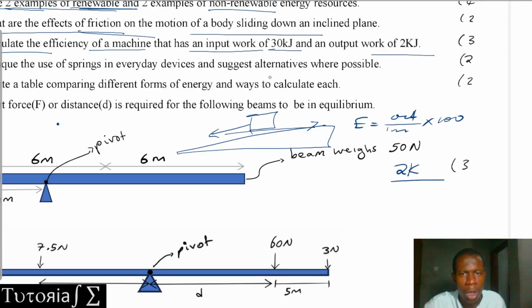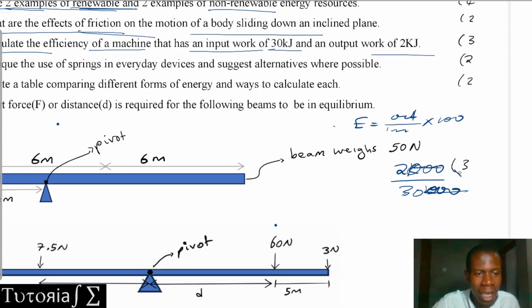Our input work is 30 kilojoules. So this is 1000, so basically this is 3 zeros and 30,000. So we cancel the zeros, we remain with this, then we simplify that.